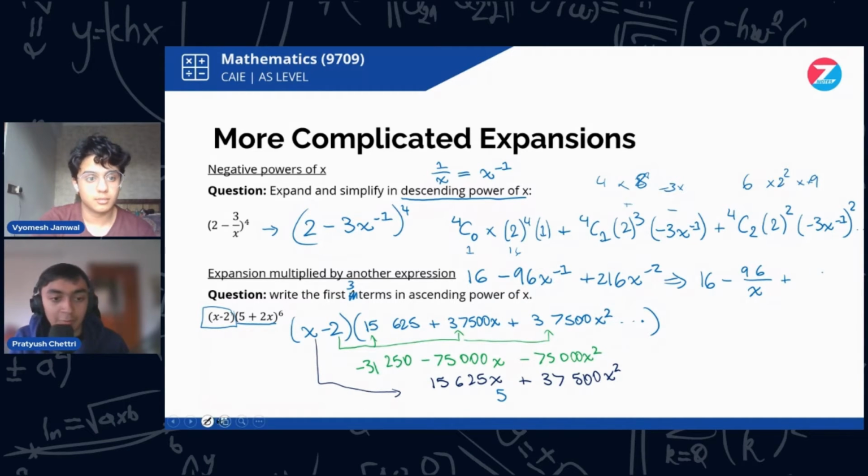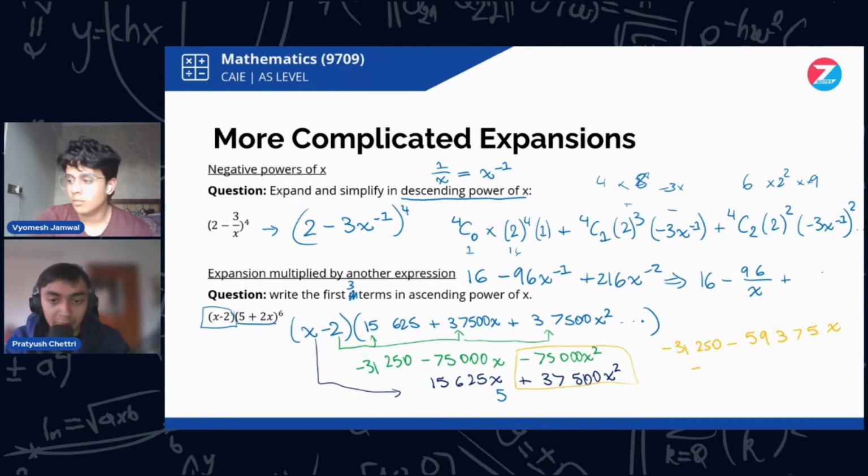So now we total these up. By totaling these up, we get minus 31,250 constant term, and then 75,625 minus 59,375x, and then minus again. What's this term?